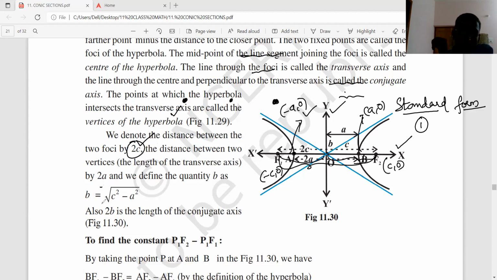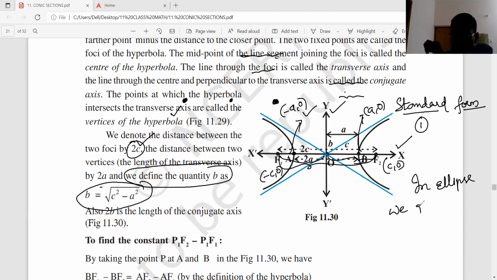Now we define the quantity b. Understand the difference: in an ellipse, we automatically get a squared minus c squared equals b squared. But here we define the quantity b as the square root of c squared minus a squared.